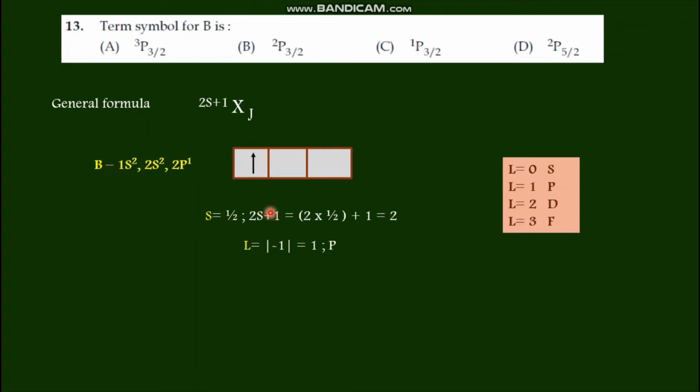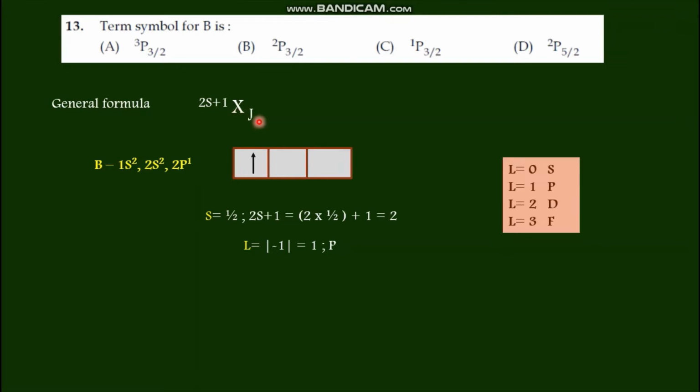How are we taking this as minus 1? This is a p orbital, so we take minus 1, 0, plus 1, and for a d orbital we take minus 2, minus 1, 0, plus 1, plus 2. So here the modulus of L is 1, so it represents the P term, and we got 2S+1 as 2. So we got 2S+1 and X also.